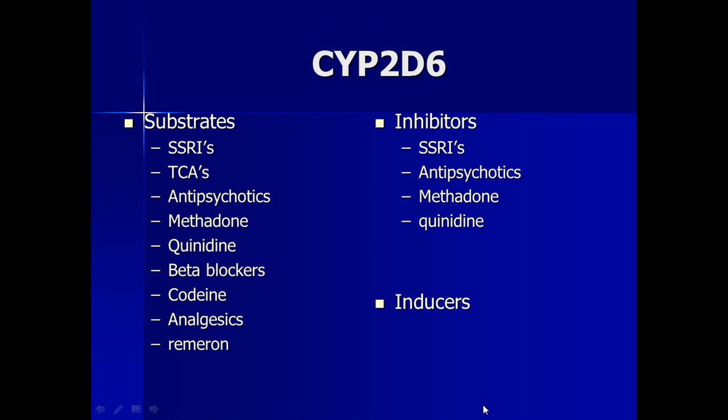But SSRIs can inhibit the metabolism of tricyclics, which could increase the levels of tricyclic antidepressants. They do have therapeutic levels that can be assessed by laboratory testing. Therefore, this could increase the risk of serotonin syndrome. Doesn't mean we don't give it, it just means we educate our patients about the symptoms of serotonin syndrome and what to do if they occur.